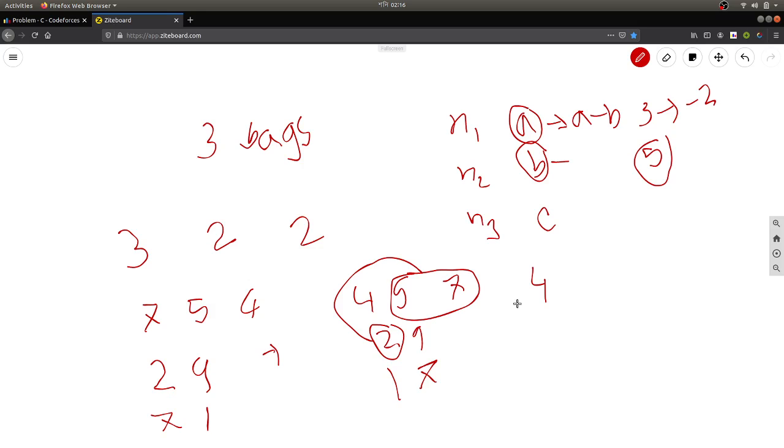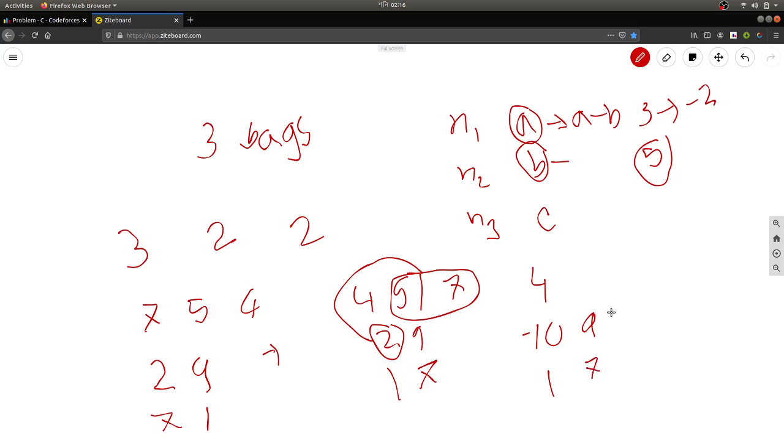So first, suppose I choose 5 and 2, then the 2 becomes -3. Then I choose -3 and 7, then it becomes -10. So it becomes -10, and 9, and 1, 7.